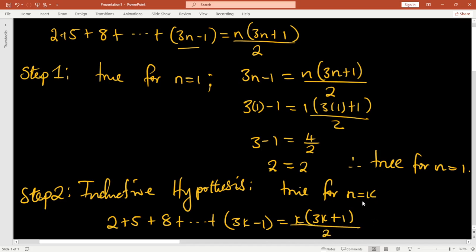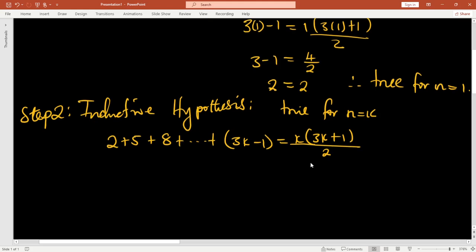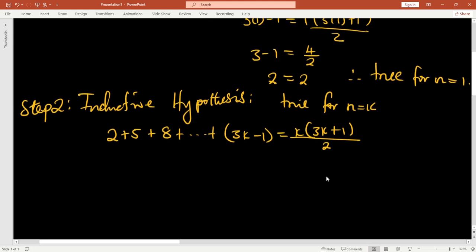Then now, where there's n there, we've substituted with k there. So now, after doing this, we also need to show that if we add the new term k + 1, the statement is still going to be true here. So which is step number 3. So step number 3, we have to show that the statement is true for n = k + 1.